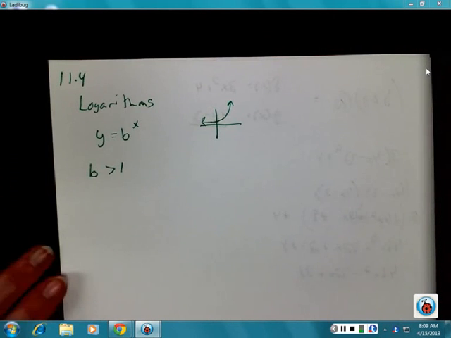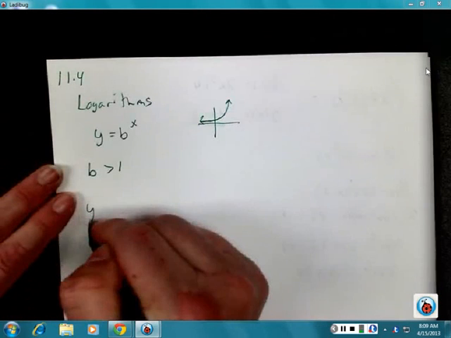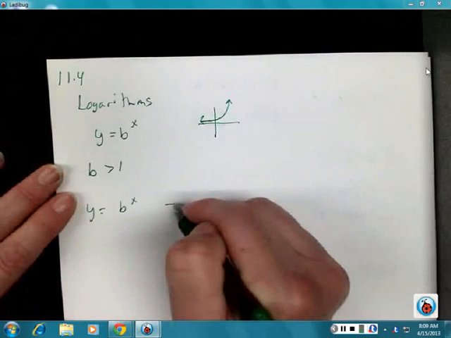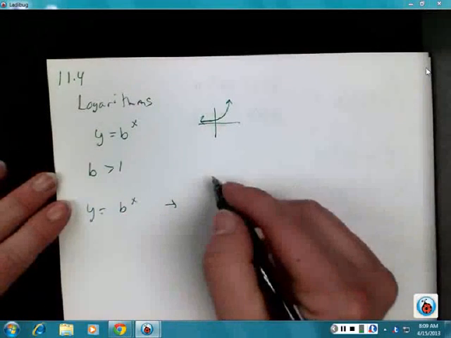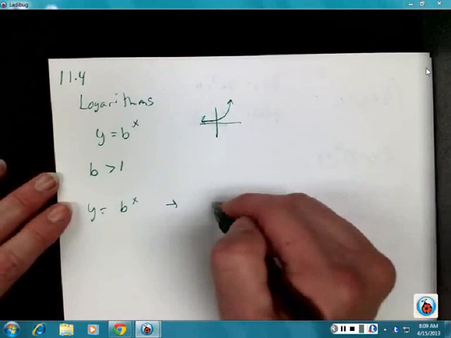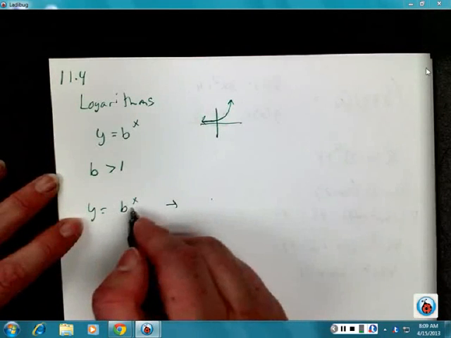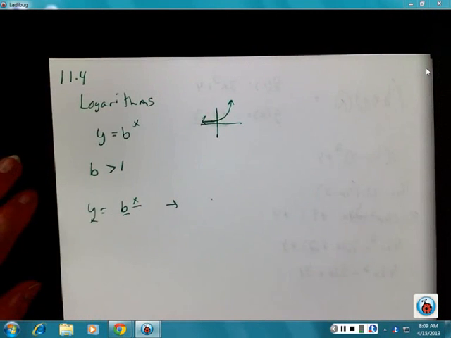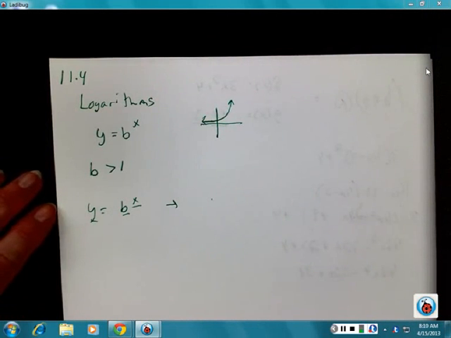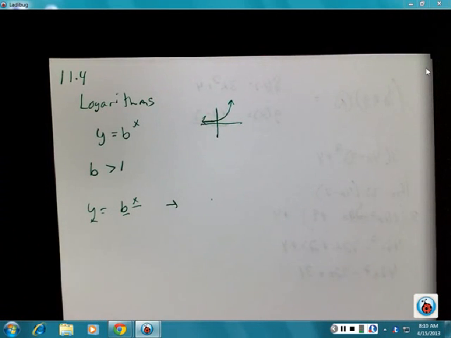If we looked at a logarithm as a reverse of y equals b to the x, the logarithm ends up being these pieces that we have in here, and they all have a genuine meaning.